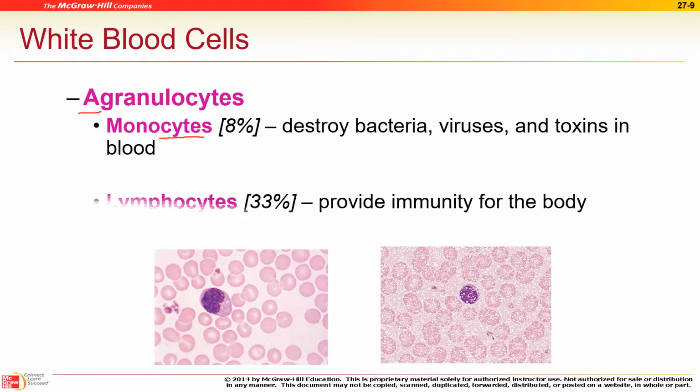Monocyte, lymphocyte, not a granule in sight. So that's your mnemonic device to help you remember those. And these guys will have mostly nucleus, so barely any cytoplasm. You can see here there's just a sliver of cytoplasm. Here, a little kidney bean shape, and then a little more cytoplasm.